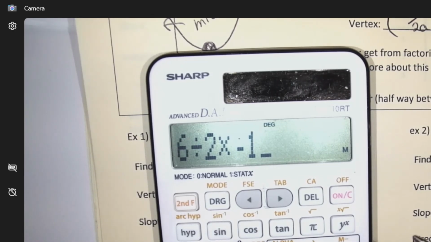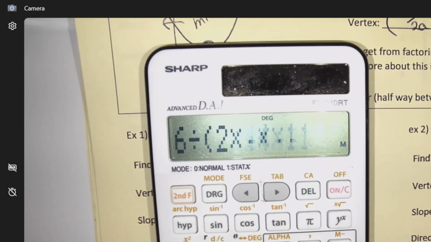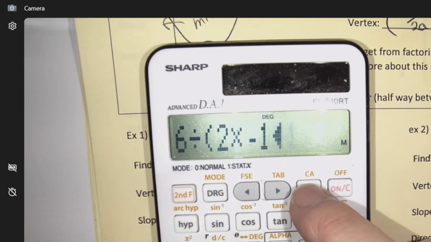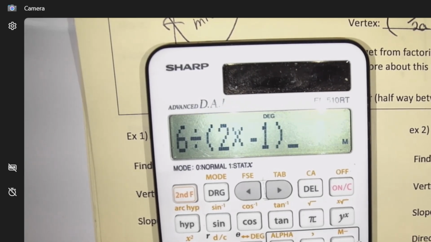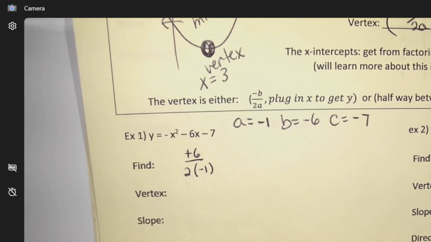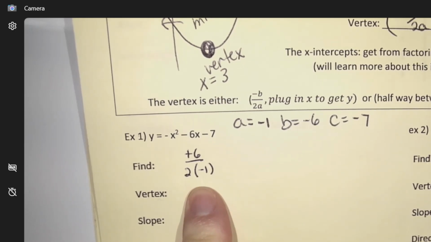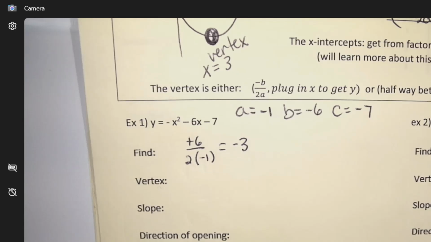Because you need brackets. Okay, that's right. If you are typing in your calculator, please note that. I need to make sure my BEDMAS does what I want. But I'm going to do this in my head. What's 6 divided by negative 2? Negative 3.